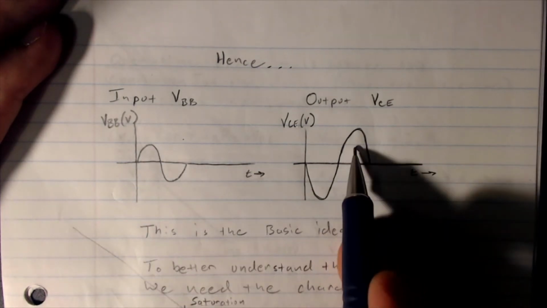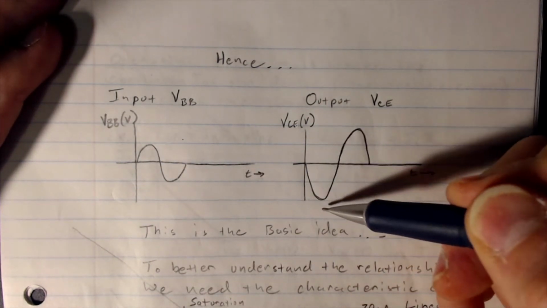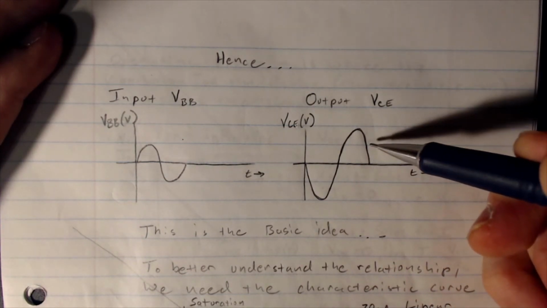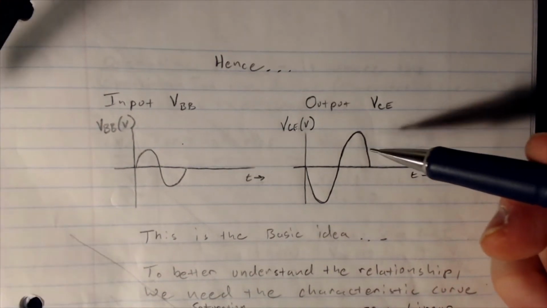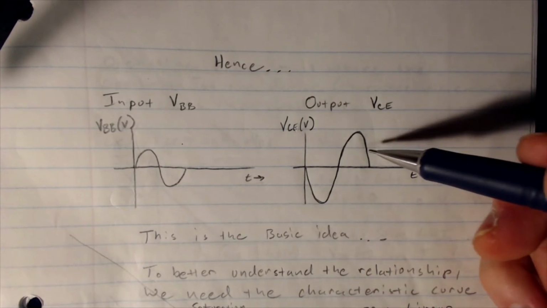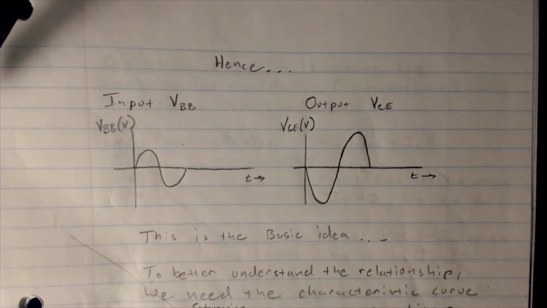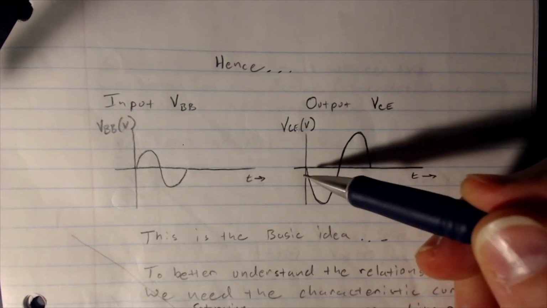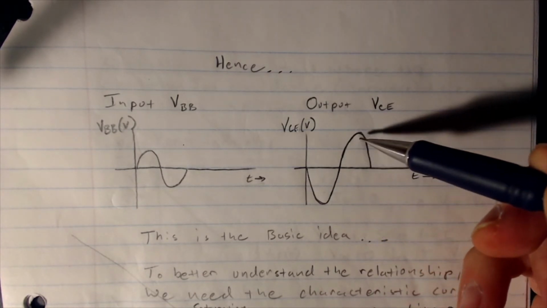When this is low, this is high. So our signal gets inverted as well as being amplified. Because remember, IB compared to IC has that relationship of beta, that relationship of gain. So we get a bigger signal for sure, but we also get it to be inverted.